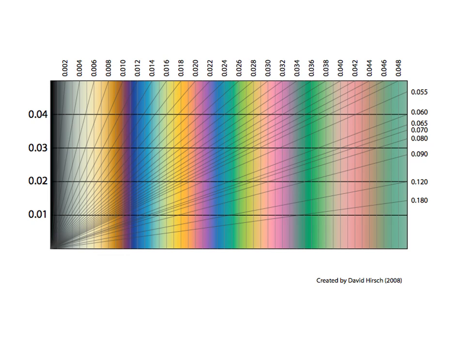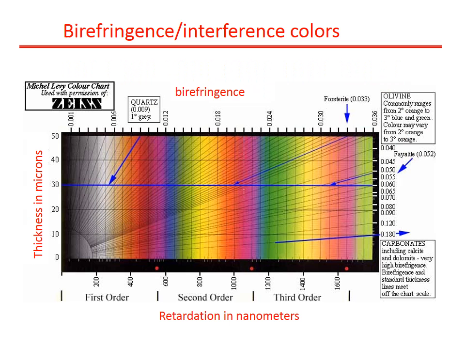So to use this productively, you need to get familiar with these colors, which can help you identify the birefringence of the substance you're looking at under the microscope, and we'll practice with that in lab over the course of the next few weeks. So here's a version of this chart that has more labels. This type of chart is available in the back of most optical mineralogy texts.